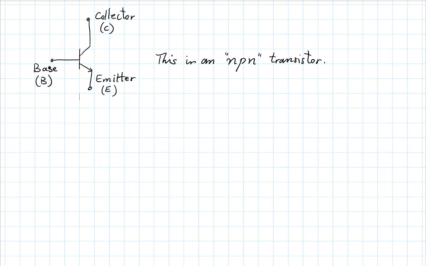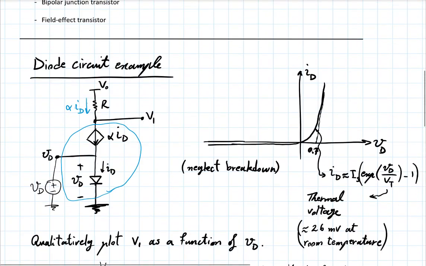Then you have a base current, an emitter current, and a collector current. The behavior of the transistor is like this. Between base and emitter, you have a diode.